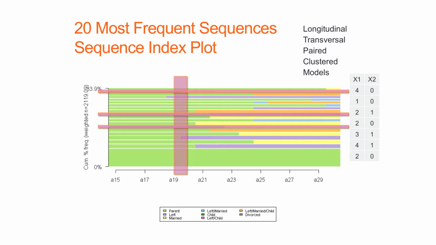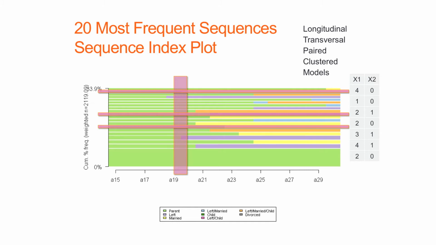The y-axis shows 20 sequences covering 34% of all the sequences in the sample. The height of each of the bars is proportional to the number of times that sequence occurred in the sample. The colors of the bars, and the changes of the colors, show the states at any given age.